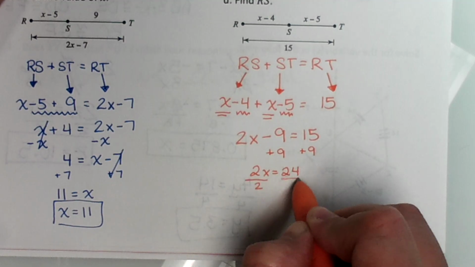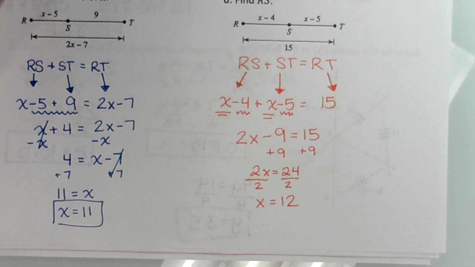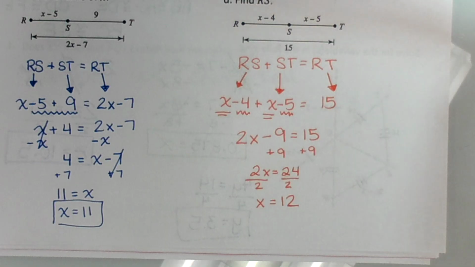Divide by 2, x is 12. Did we answer what the question asked for? What did it tell me to find? RS. We solved for x. We needed to solve for x to find RS.